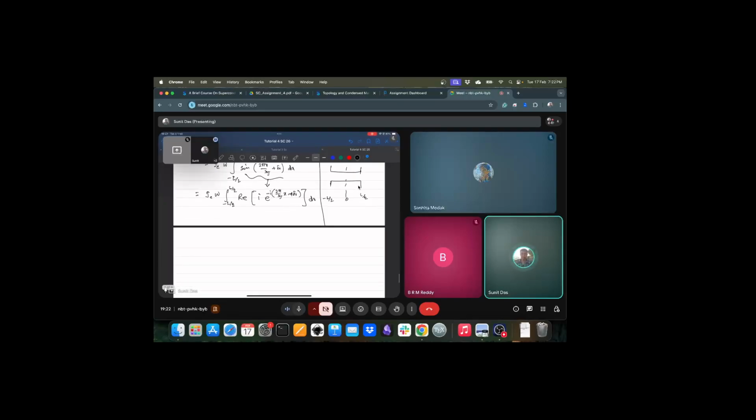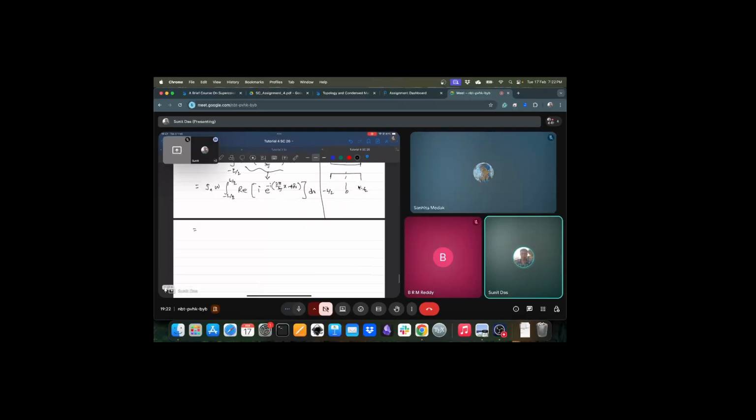Now it is easier to do the integration of exponential. We could have directly done the integration of sine as well. It's not a problem.